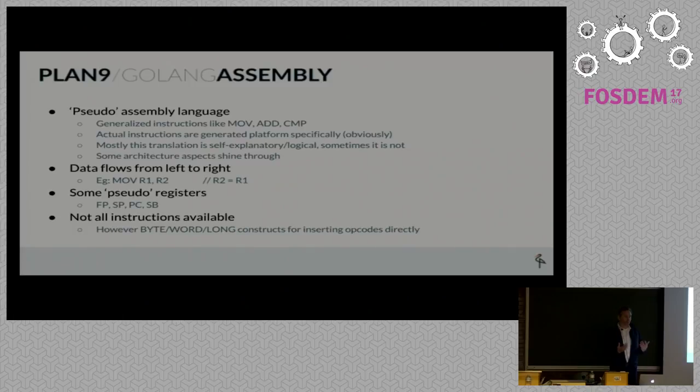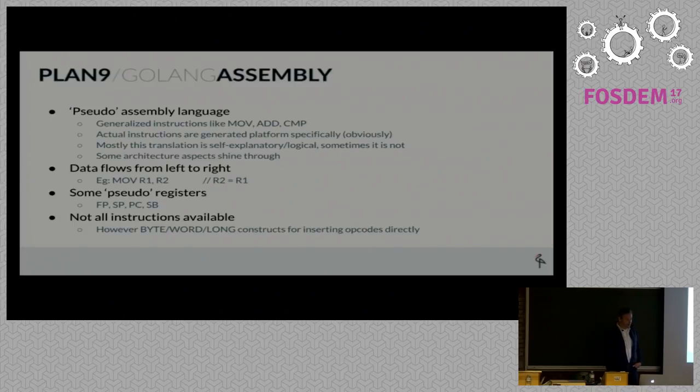So there are some generalized instructions for a move and an add and a compare. And these instructions are then translated to the actual instructions that will run on the underlying hardware platform. Most of the time, it's kind of logical how this pseudo-assembly language translates into the underlying assembly running on the CPU itself. Sometimes that is not the case.